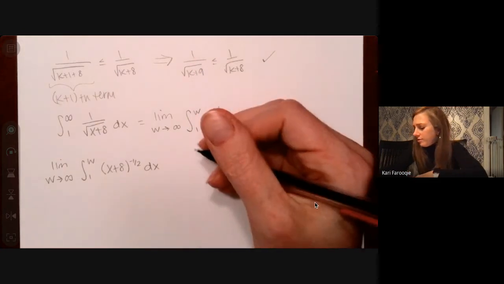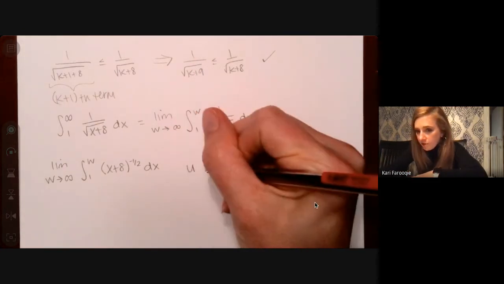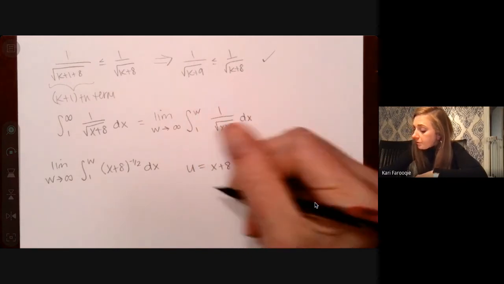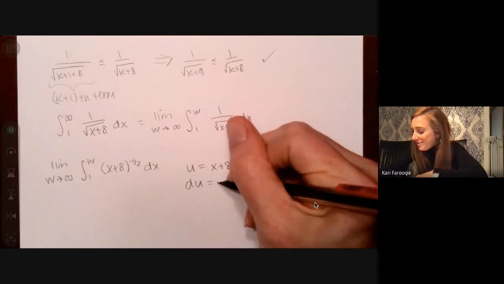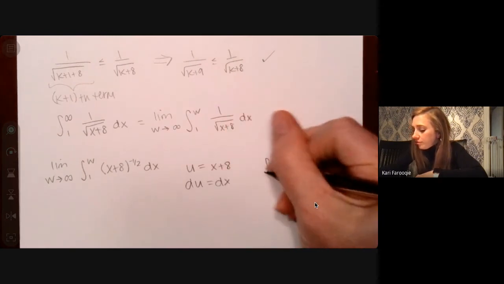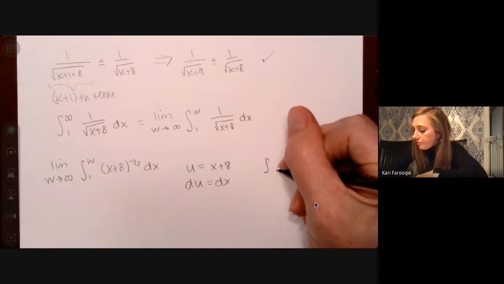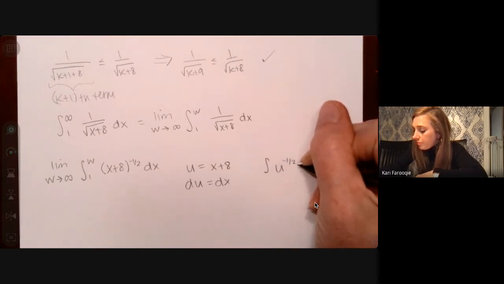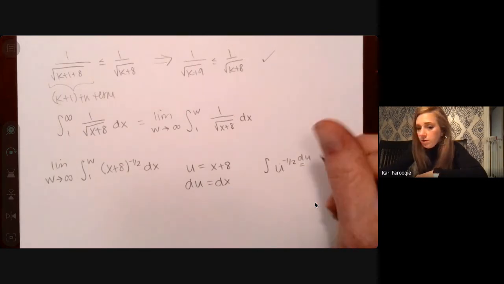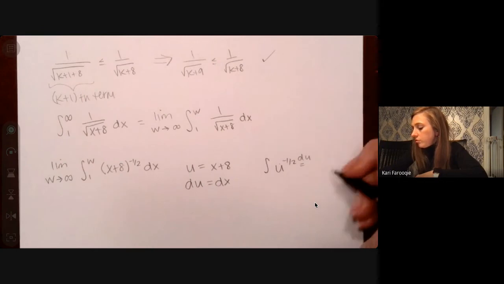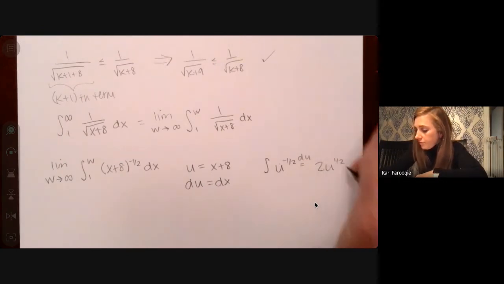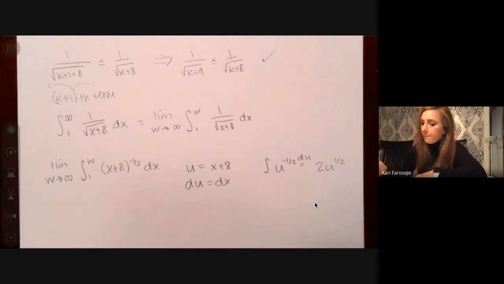Oh yeah, I guess I wouldn't need to do a dw just because I let my upper limit be that. Okay, we're good then. du is dx. So of course, side note, the integral of u to the negative 1/2 du would be increase the exponent by 1, so you'd get to positive 1/2, divide by positive 1/2, and that's 2u to the 1/2.